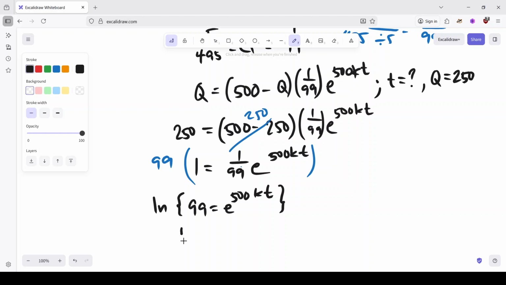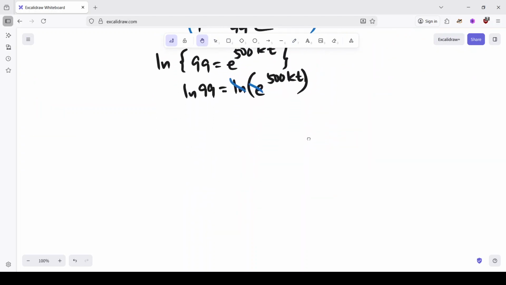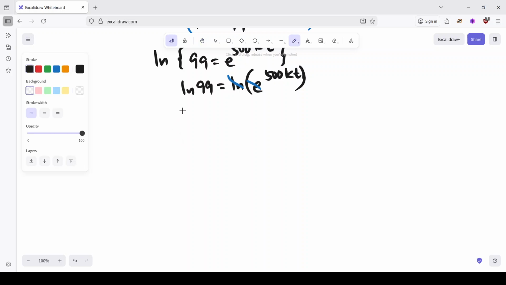So, ln 99. Tapos, ln of e raised to 500 kt, yung ln tsaka e magka-cancel. So, matitira is ln of 99 is equal to 500 kt.